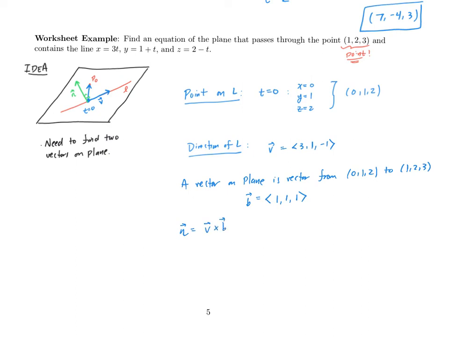Because remember, the cross product of any two vectors on the plane will give us something normal to the plane. So with a 3 by 3 determinant, i, j, k, we have the vector v in the middle row, b in the bottom row, and a couple quick computations gives you (2, -4, 2).